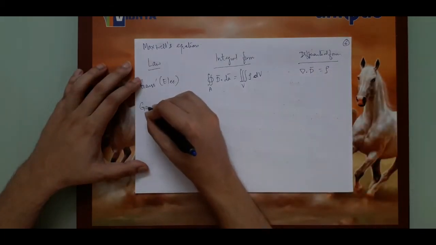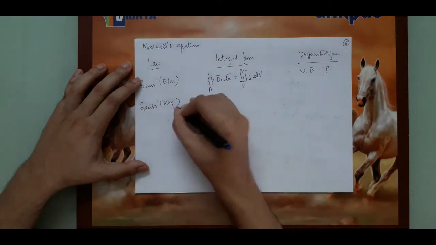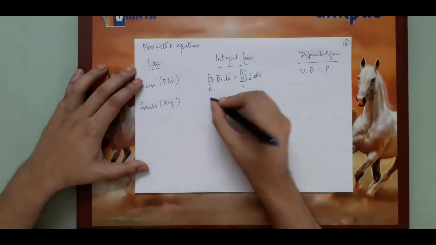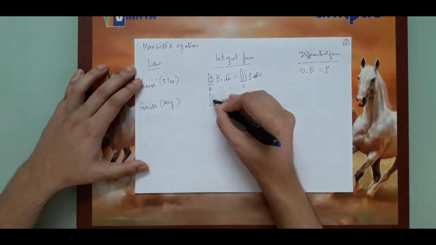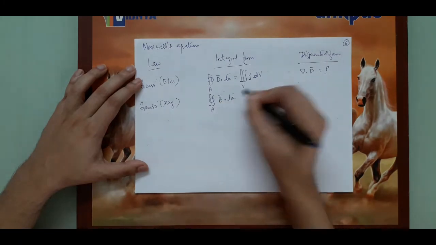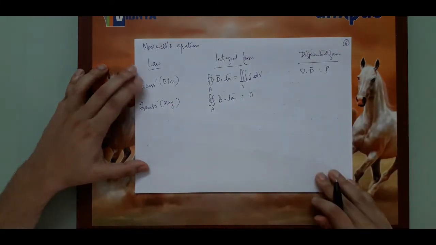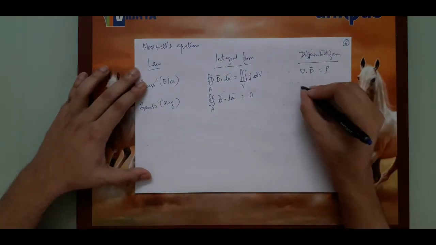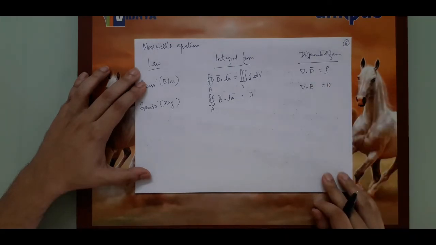The next is Gauss's law for magnetic flux, and that is nothing, simply replace D with B, that is equal to the net magnetic charge, which is always 0, and here also the divergence would be equal to 0.